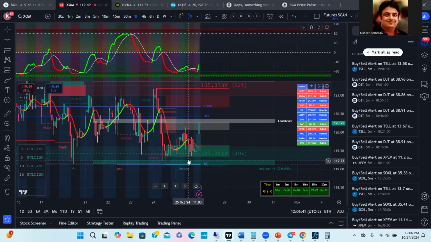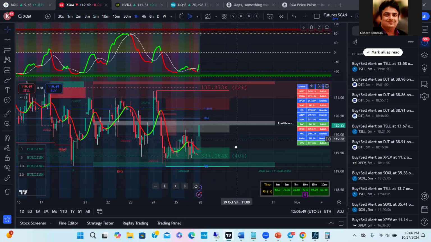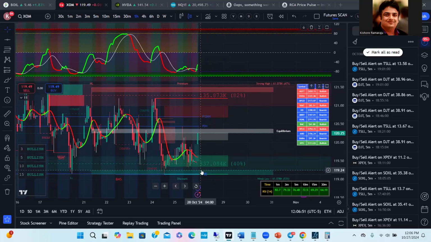Whenever price came here, it touched and went up. Again, if price comes here, it will go up. Still, there are nearly 60% of orders waiting to be filled. So if you are selling the 121 put and buying the 119 put, your risk is minimal. 90% of the time you will make money, right?